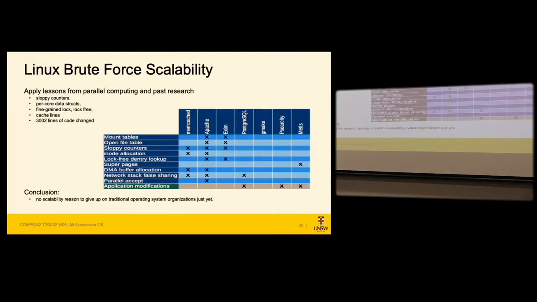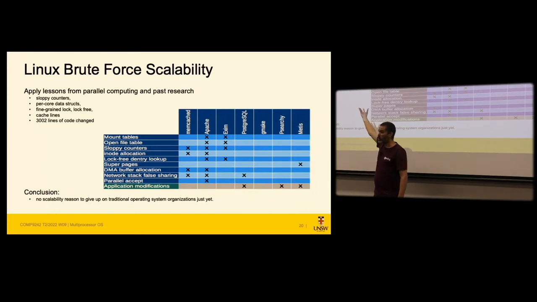They basically applied previous lessons learned, previous work done on parallel computing and multiprocessor operating systems. So they applied sloppy counters, which are essentially that distributed counter I showed you with K42, where you're doing all the work locally and synchronizing only when you need to.